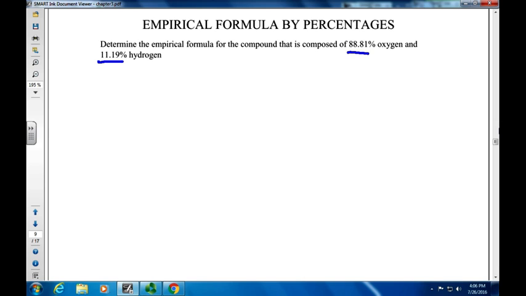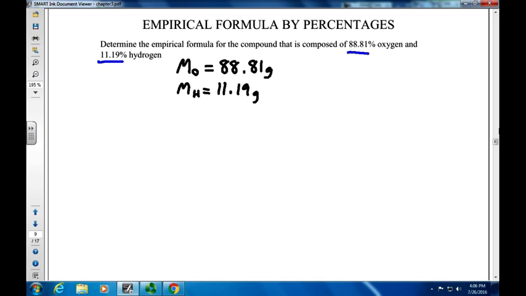Your mass of oxygen, M sub O, is equal to 88.81 grams, and your mass of hydrogen, M sub H, is equal to 11.19 grams.